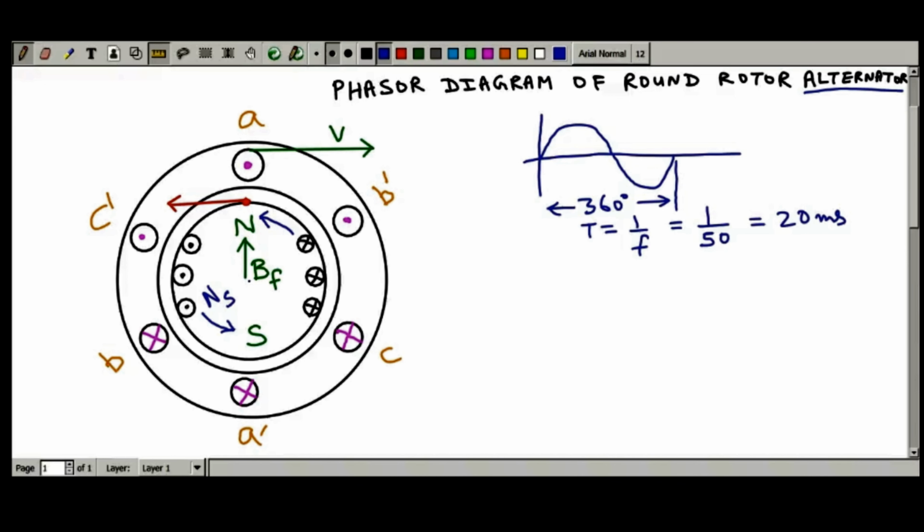Likewise, a further 120 degrees of rotation of the rotor will make the induced EMF maximum in coil CC dash. In that case, the resultant MMF, that is the armature MMF, will be aligned with the magnetic axis of coil CC dash.